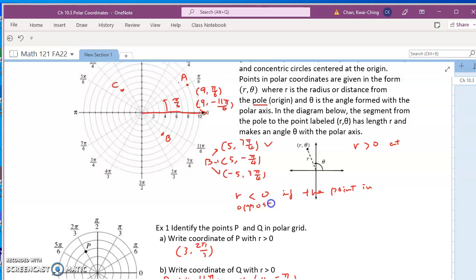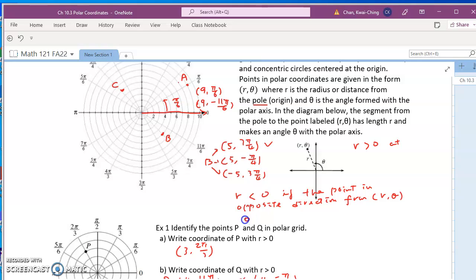Opposite, that means 180 degrees opposite direction from the actual (r, theta). So (r, theta) and (negative r, theta) are opposite, like a 180 rotation, like B and C. So record it.